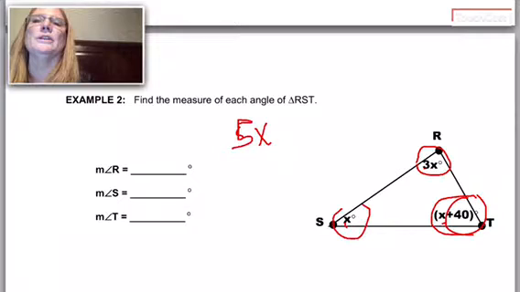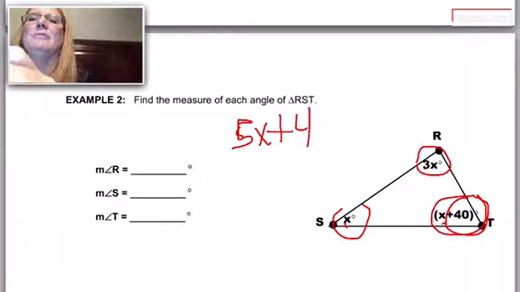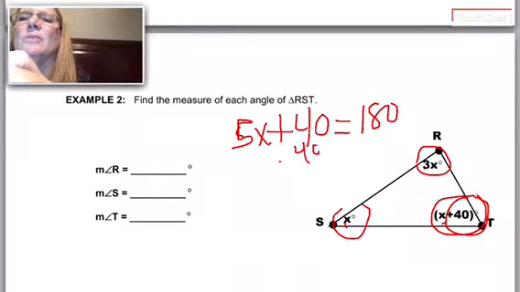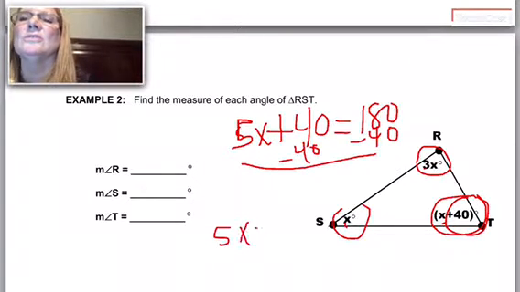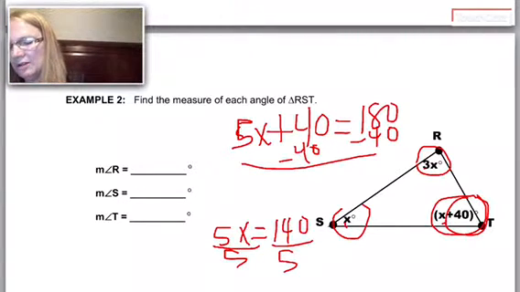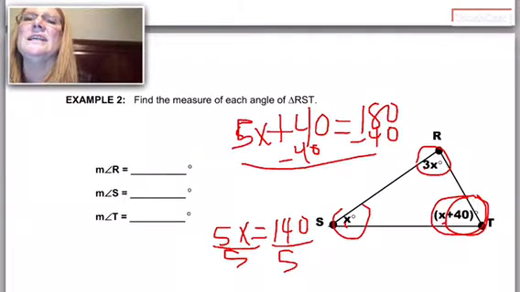And then we have this 40. And when we add all of that up together, we get 180. So we're going to subtract 40 from both sides, and we get 5x is equal to 140, and then we divide by 5. So 140 divided by 5 is 28.